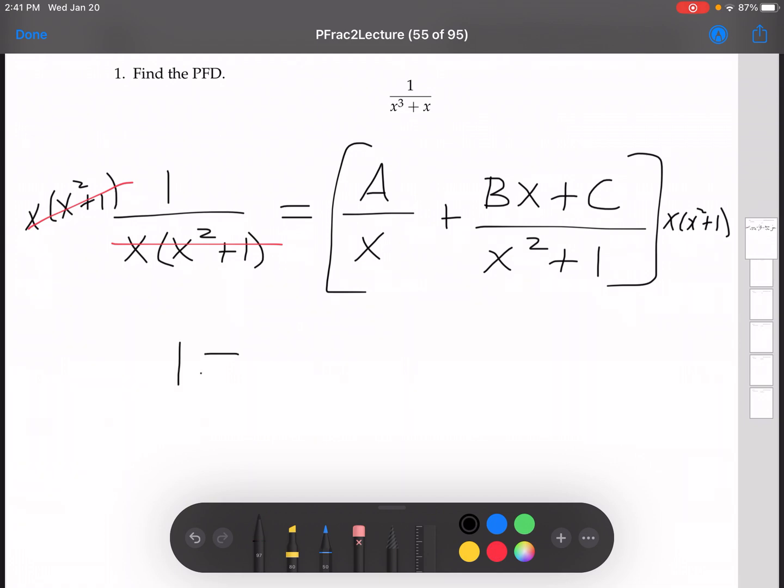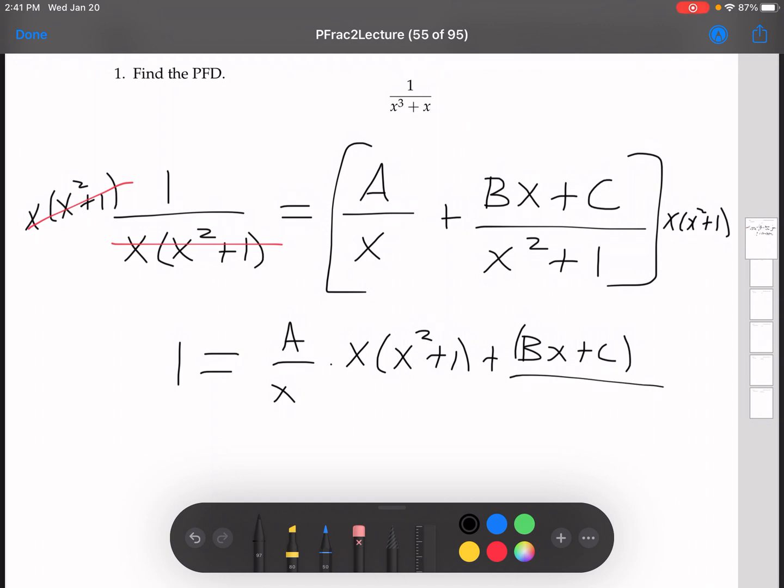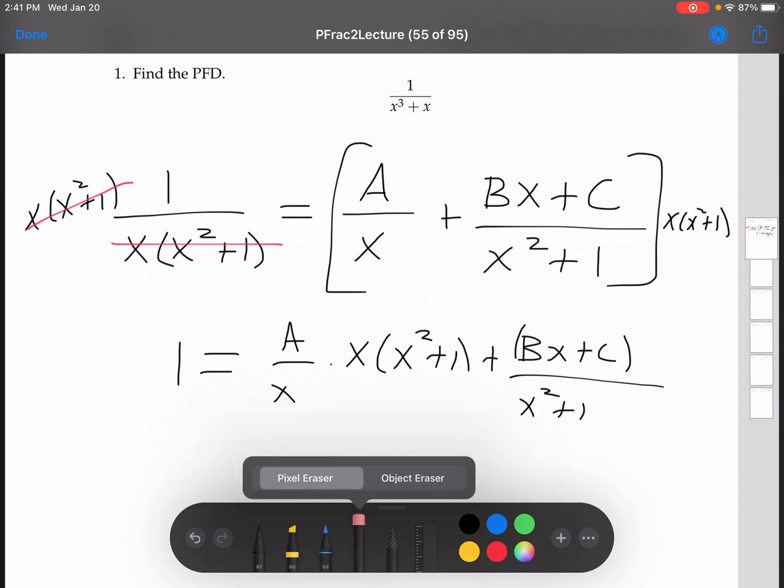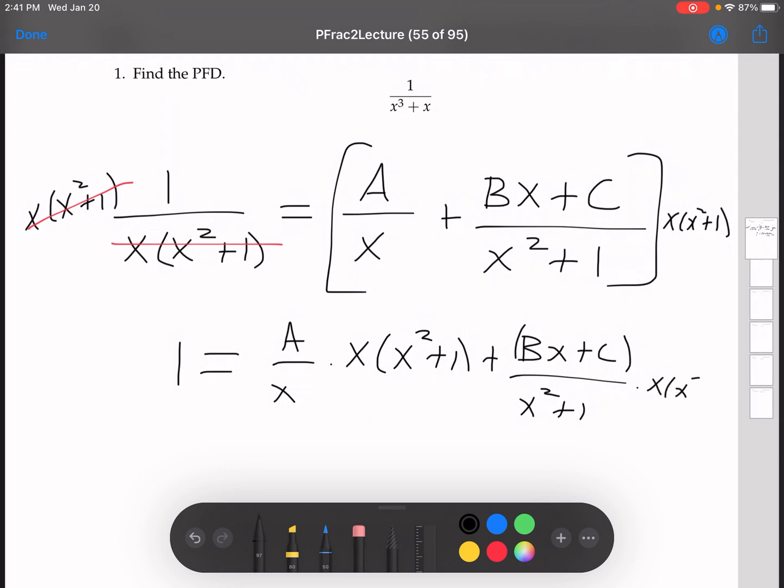We get 1 is equal to a over x times x, and we're going to multiply by x squared plus 1.